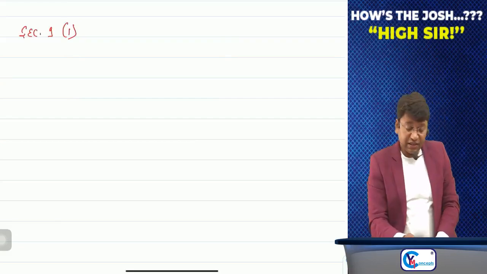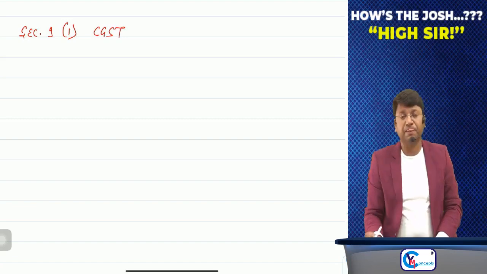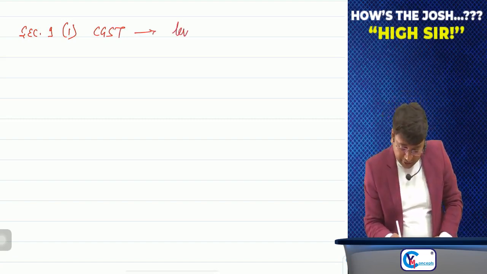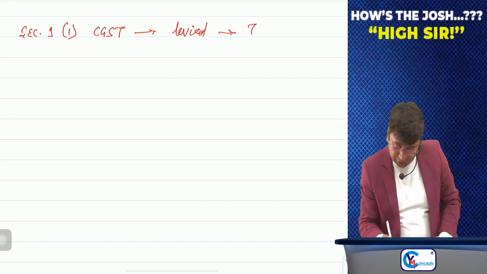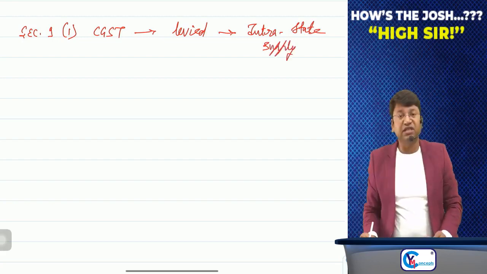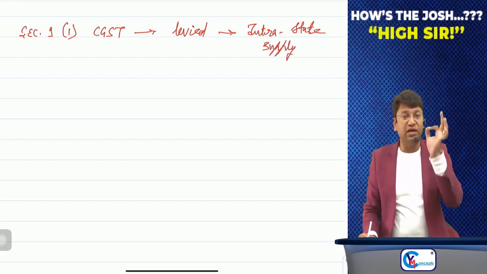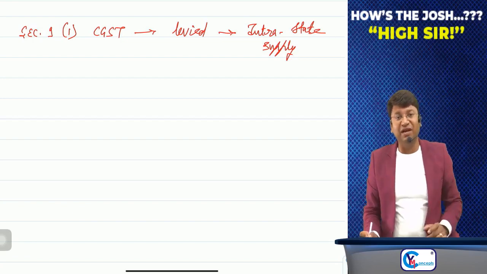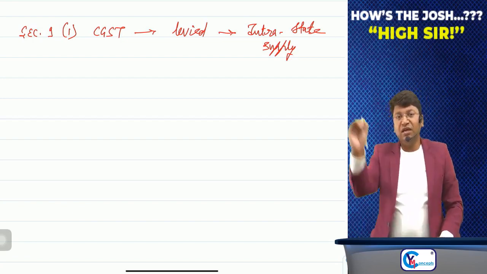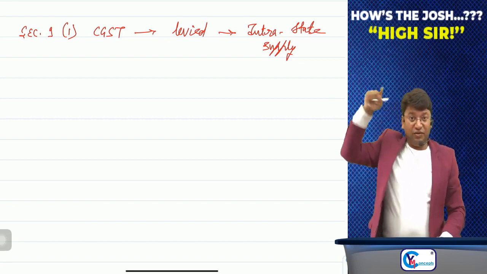Subsection 1 says that CGST will be levied on intra-state supply. On interstate supply, we already discussed that IGST will be levied, and for IGST, section number 5 of the IGST Act is given.